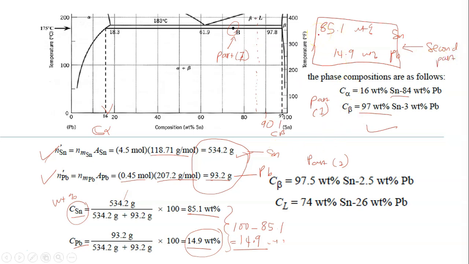So 85.1, as I was mentioning just now, is somewhere around here at 200 degrees C. So probably this point here, and you need to draw a tie line, okay? And you need to work out this is for the CL.